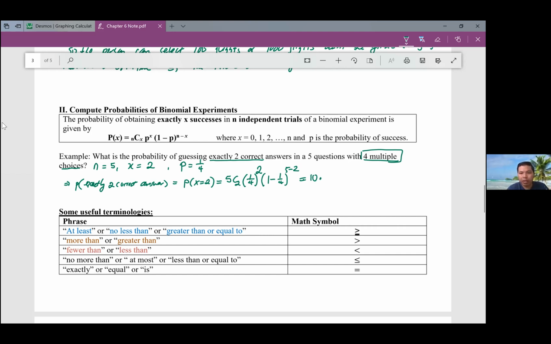We have 10 arrangements, and this will be 1/16, and this one will be 3/4 to the third power, and then you put everything together, we will be able to get the answer, right? All right, so we are getting 0.2637.